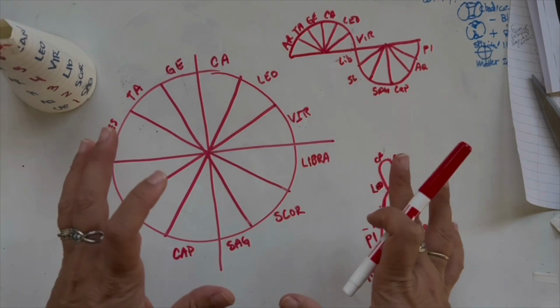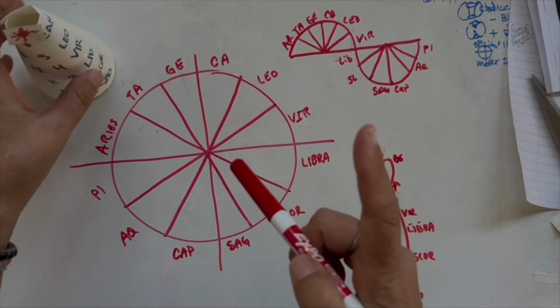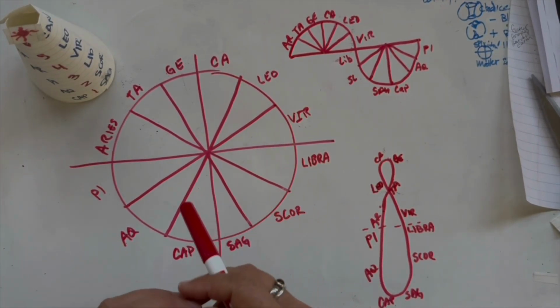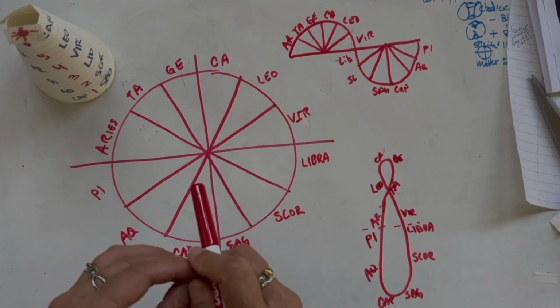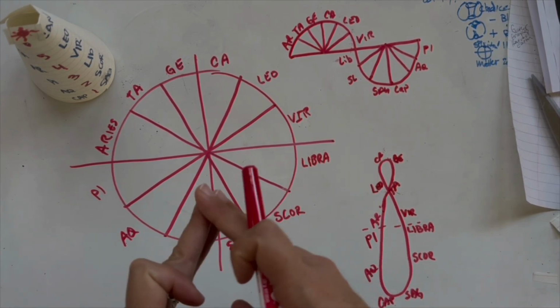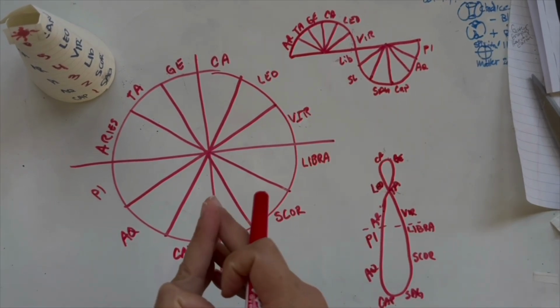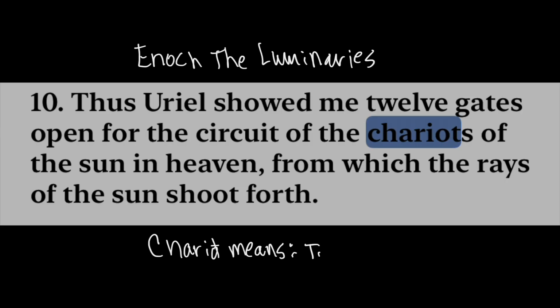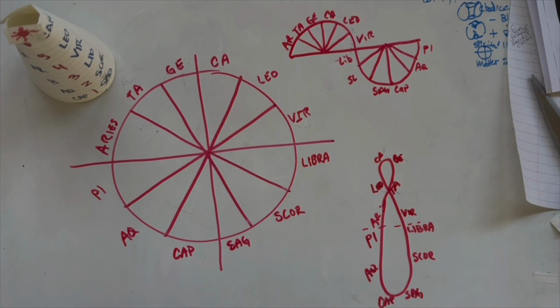All 4 of these shapes represent one thing, which is the sun's position in the sky. So every day, the sun is in a different position. And what I mean by that is literal.